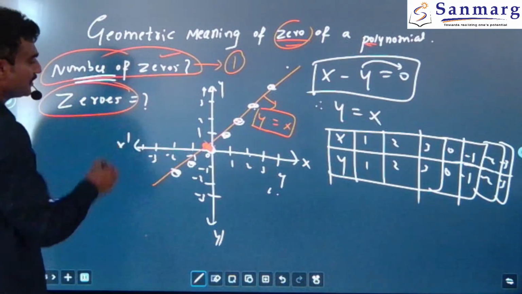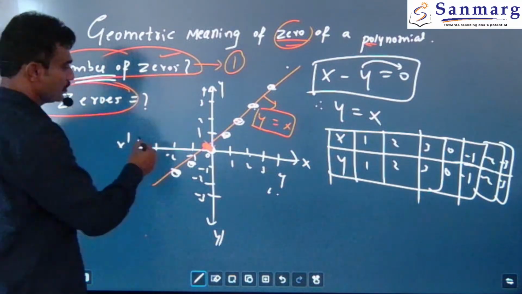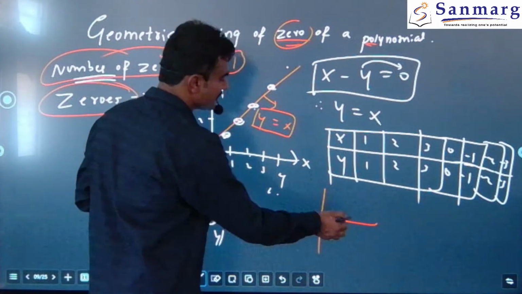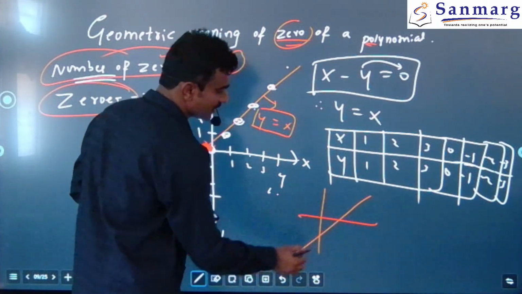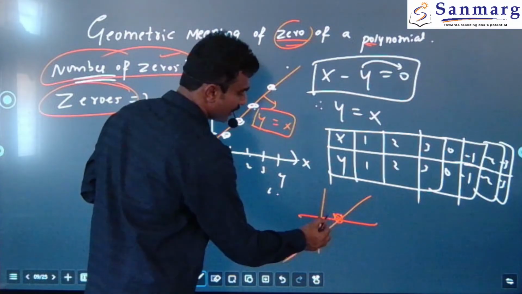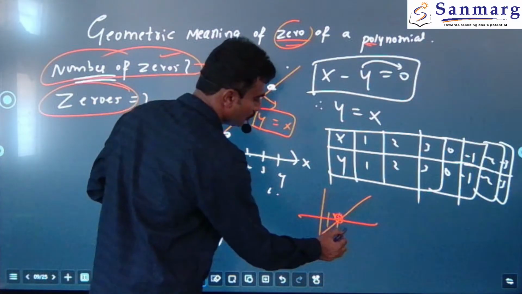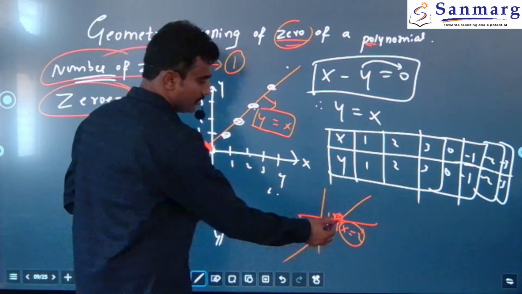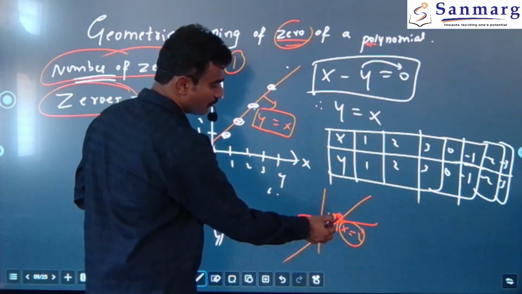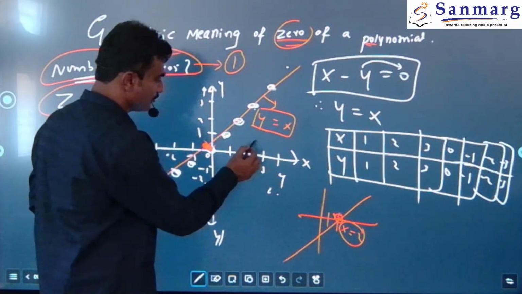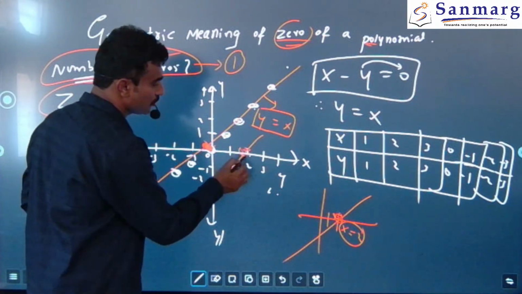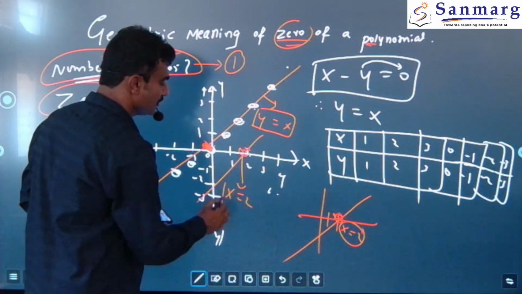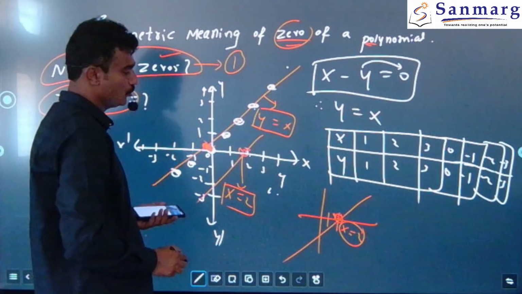And how do you find the zeros? It is easy: where does the graph touch the x-axis? For example, suppose the line is passing through the point x equal to 2 on the x-axis, then the value of the zero is 2, x equal to 2.